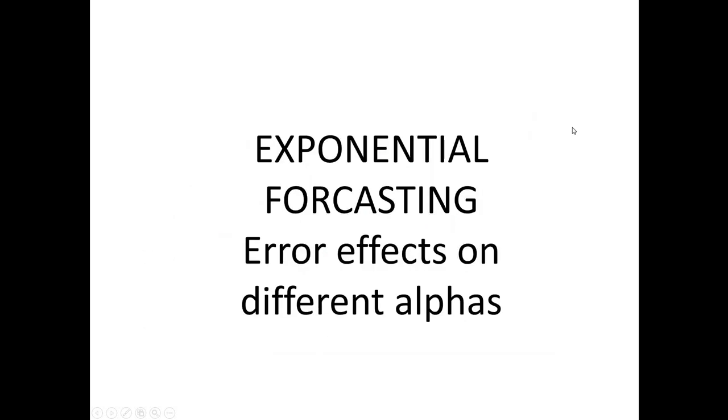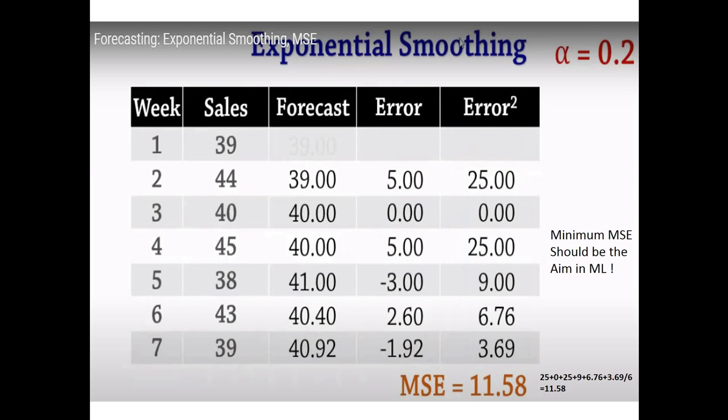Now, what is the effect of this exponential forecasting on different alphas? That can be seen more clearly from this example. Let's say there is an exponential smoothing table where alpha was 0.2. When alpha was 0.2, the sale was like this and the forecast was like this.